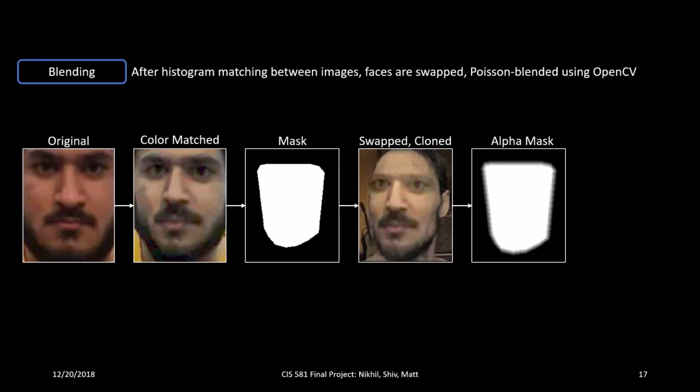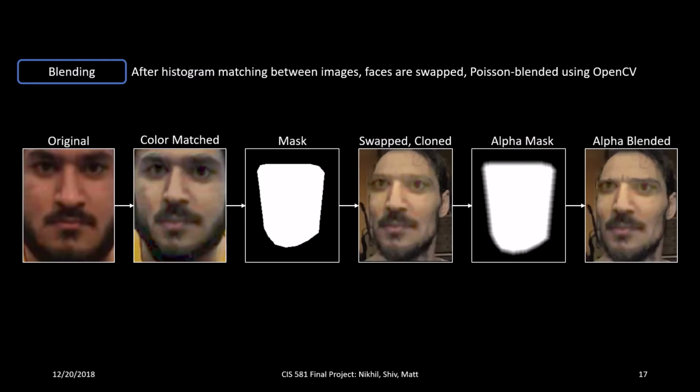So we created a mask with a smooth lead-in that, once applied, kind of smooths those edges out a bit along the face, especially when the faces don't quite line up. This really helps with the final appearance. So let me explain a little bit further how we generated that alpha mask.